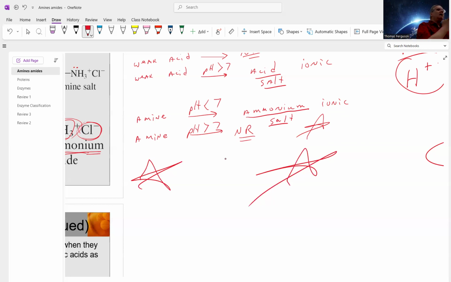We need to make them more ionic so that the water can carry it around. So a lot of times when you look at, for example, morphine. Morphine comes as the sulfate because it's a salt, it's ionic. If you inject straight morphine into a muscle, it'll sit there for a long time. But if you inject the ionic version, the blood carries it around your body.